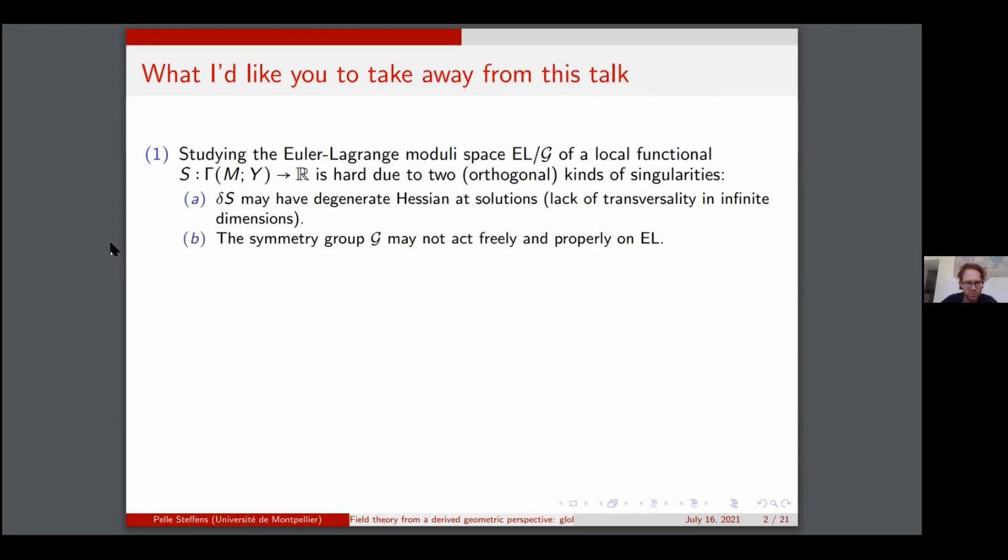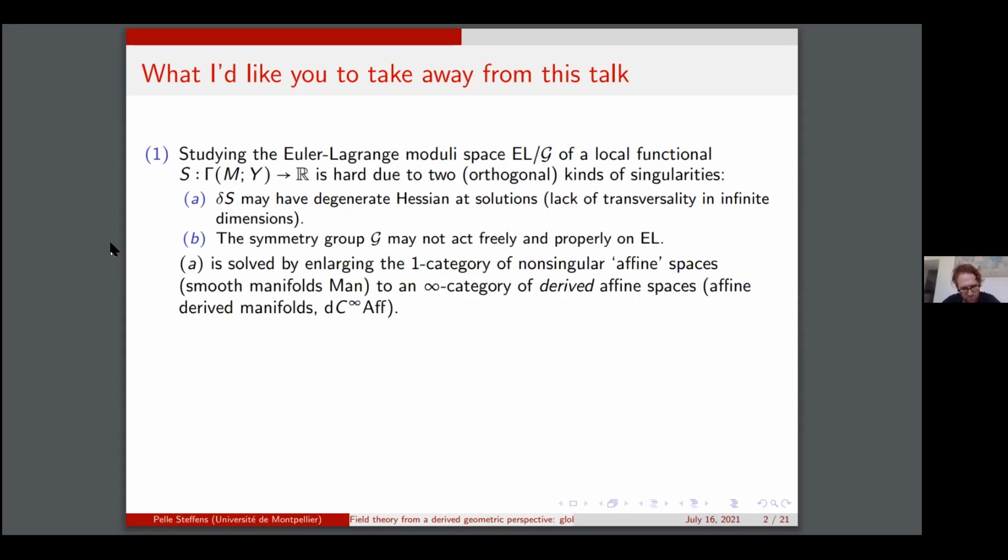And the other point is that we may have some symmetries. Maybe Y is a product of M cross some other space. So we have some sigma model, and we have groups acting on the source and the target, or maybe we have some gauge theory. And in both cases, certain points in the space of solutions may have non-trivial automorphisms.